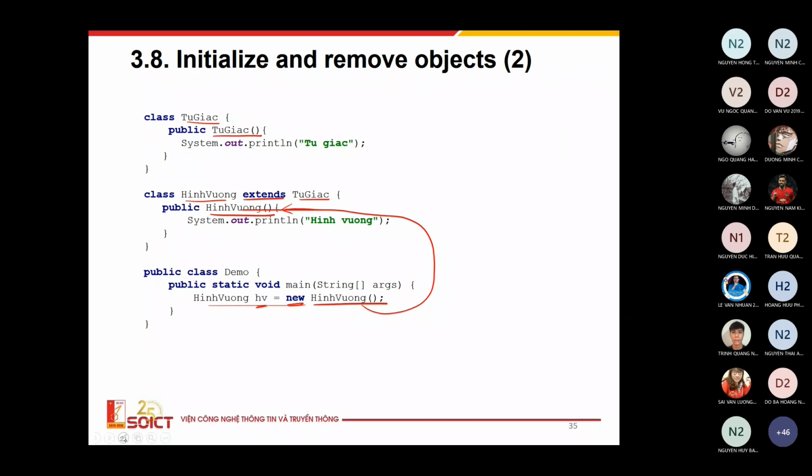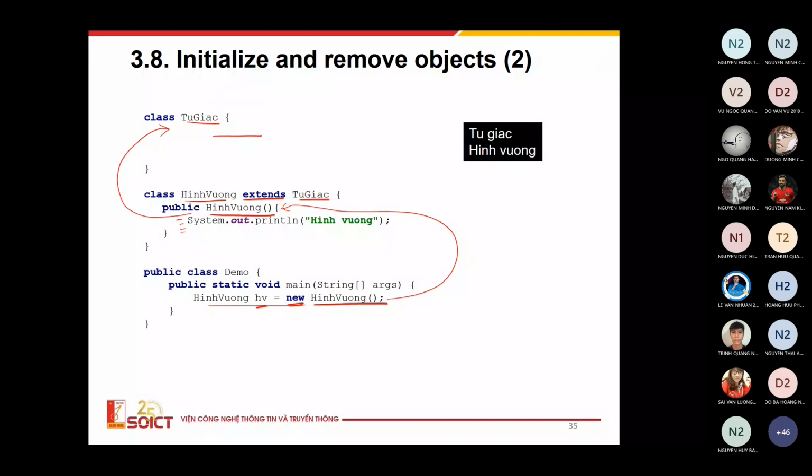And here you don't see it, so JVM will insert it automatically for you. So it will call firstly the constructor of the tứ giác, and then it finishes the rest of the commands. And then you will see in the output the result from the call from tứ giác, and this is the call from hình vuông.